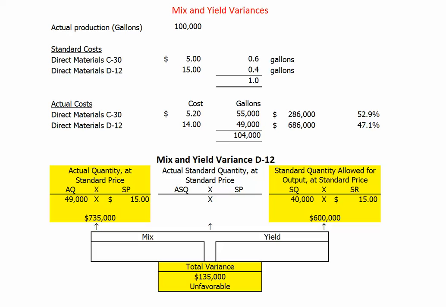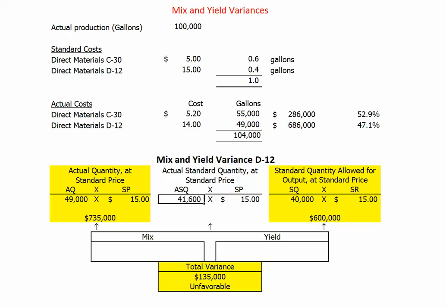Our first step is to fill out our center column. Our standard price for material D12 was $15 per gallon. Based on 40%, or 0.4 gallons out of our total 1.04, so 0.4 times 104,000, we would have expected that 41,600 gallons of the raw materials would have been for D12.